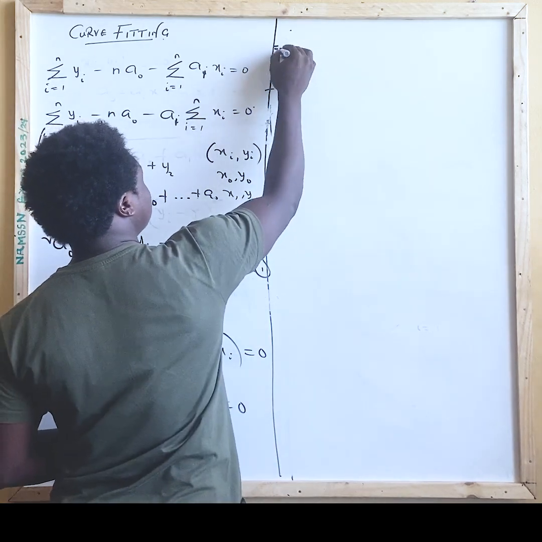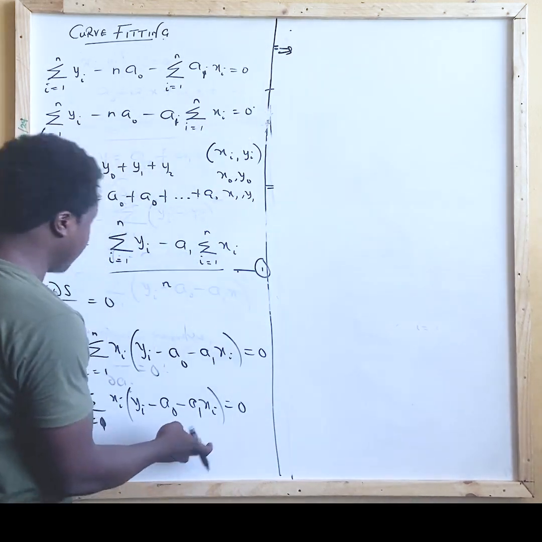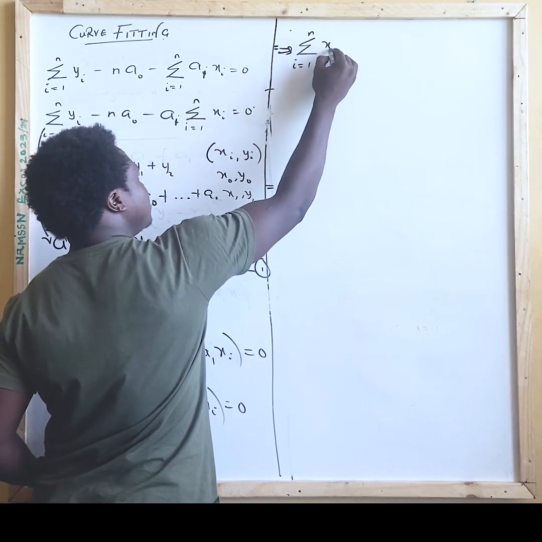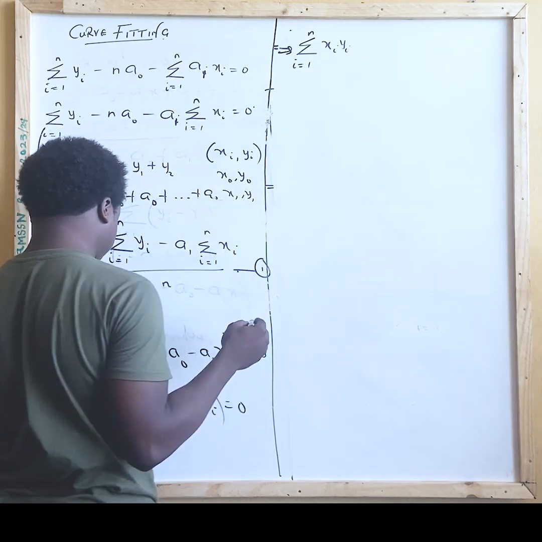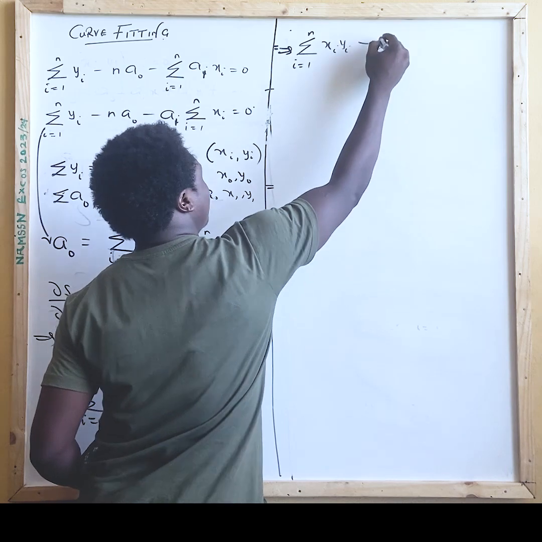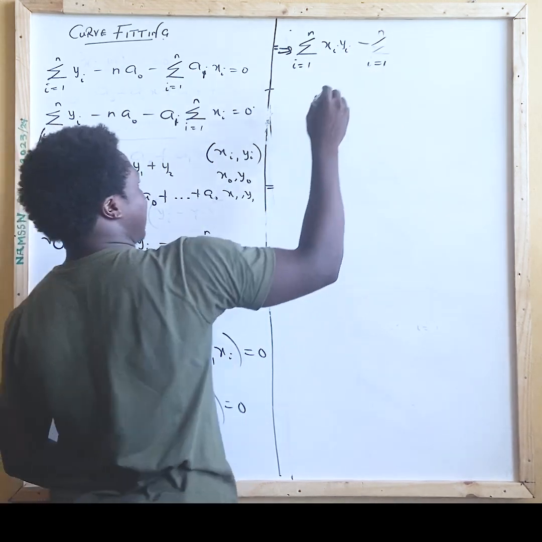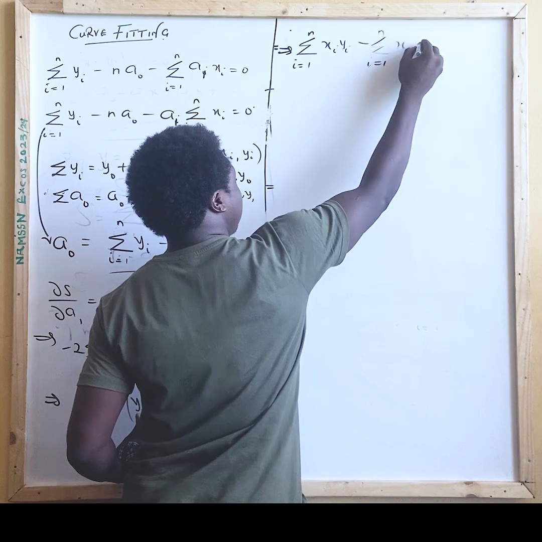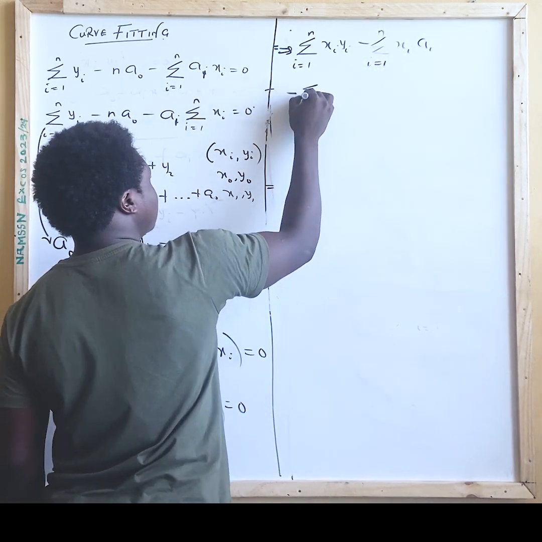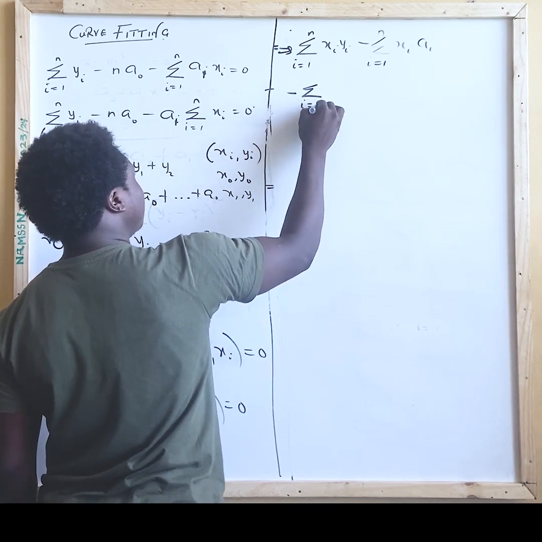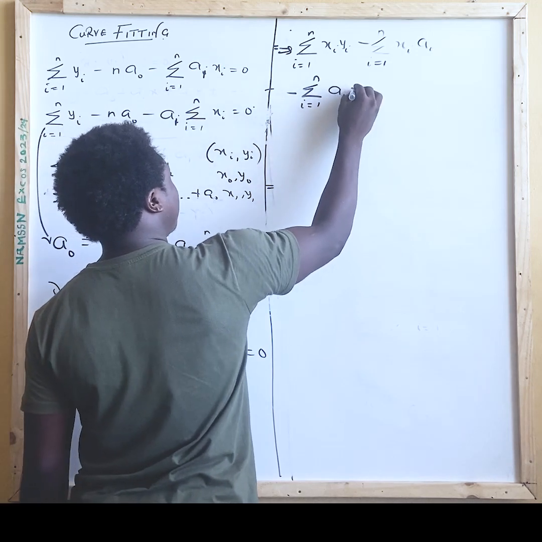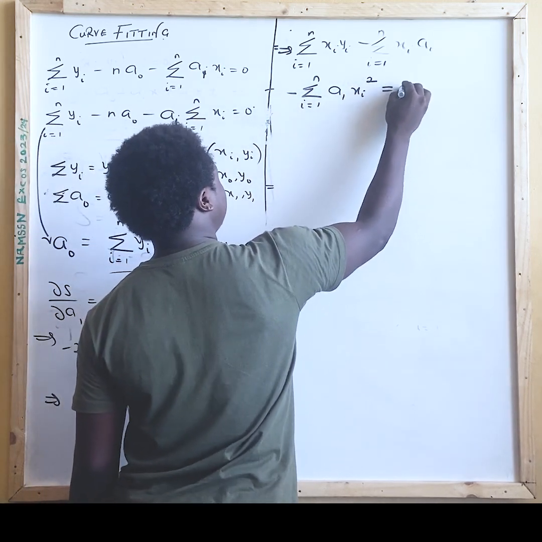So it implies that this line should give us summation i from 1 to n xi yi minus summation i from 1 to n xi a naught minus summation i from 1 to n a1 xi square, everything equals 0.